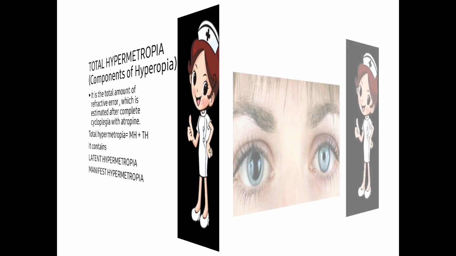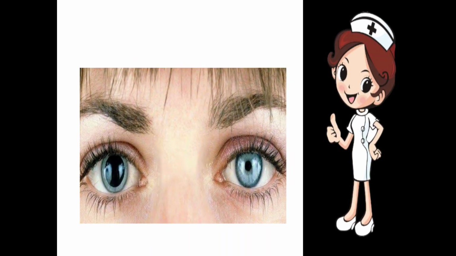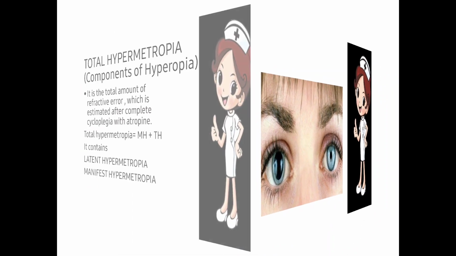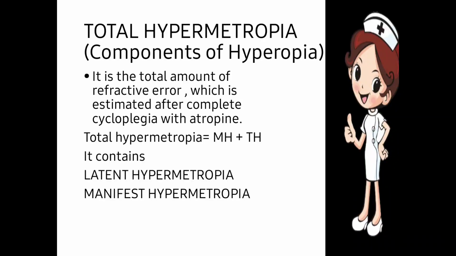If you can see, this is the dilated pupil, which becomes very large, and this is the undilated pupil. When the pupil gets dilated with the help of atropine or any other cycloplegic, we find out the total hypermetropia. Total hypermetropia, the total plus power required by the patient, consists of manifest hyperopia as well as latent hyperopia.